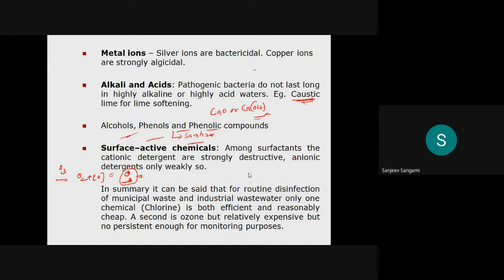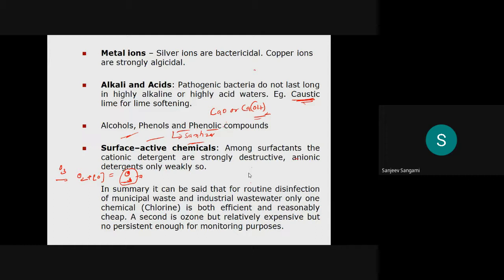Then there are some surface active chemicals. Among surfactants are the cationic active reagents or some of the detergents, normally what you use as soap powder. That soap powder itself acts as a disinfectant. It is going to kill the pathogens that are present on the surface.